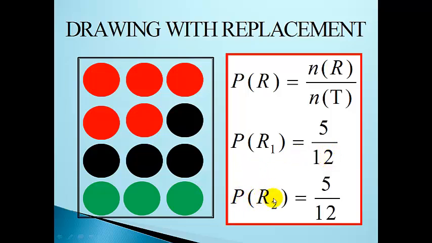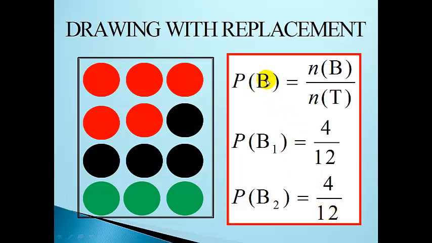Now probability of R2, that is, we are taking the second ball from the box. But before we take this second ball, remember that we put the first one back. So before we take the second one, the number of red balls is still 5, divided by the total in the box, that is 12.